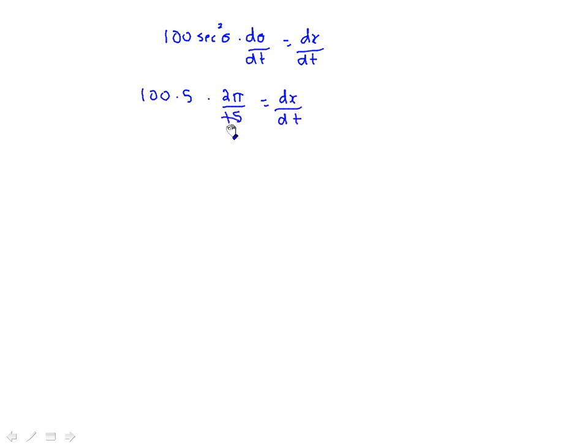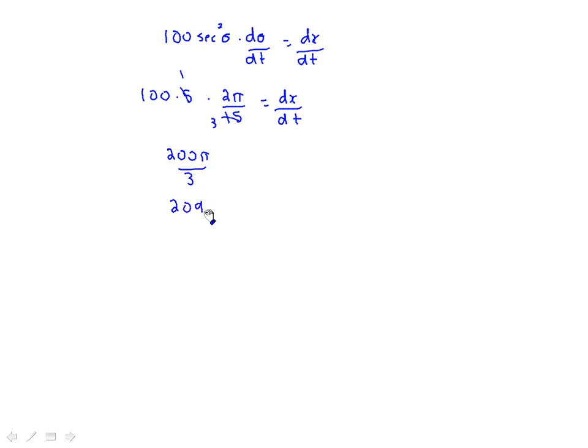I guess you probably don't need to do this because it's going to be decimalized anyways, but it's 200 pi over 3, and 200 times pi divided by 3 will give you 209.4.